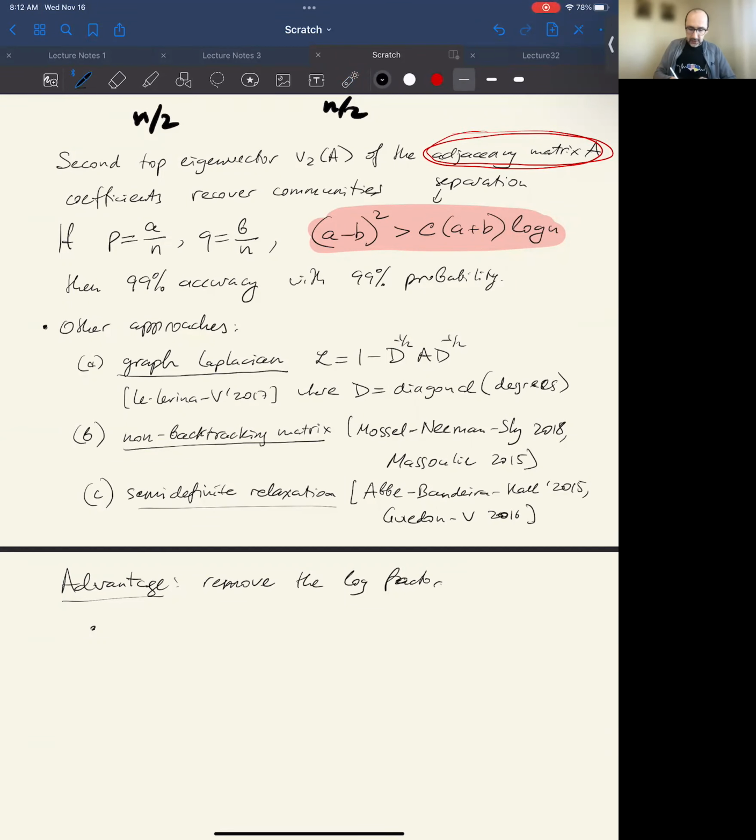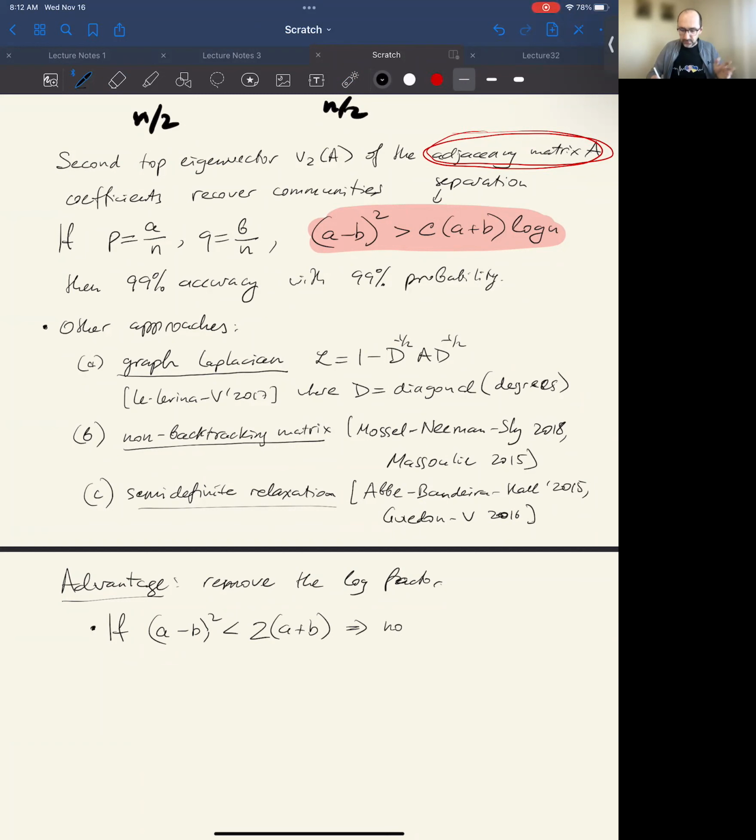And here's the state of the art in this. If (a minus b) squared is less than, and you can actually find the constant that is exactly correct, and this is 2, 2(a plus b), then no separation.